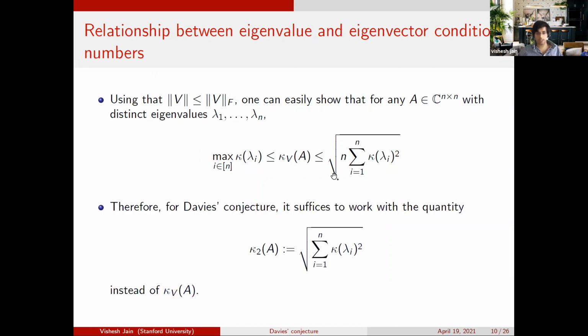So for the purpose of Davies' conjecture, instead of working with the eigenvector condition number, you can work with the 2-norm of the vector of eigenvalue condition numbers. This is the first reduction that we're going to make.